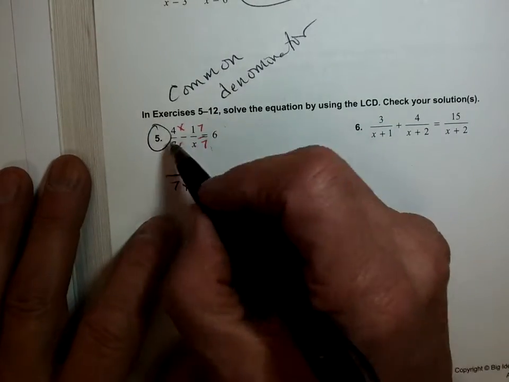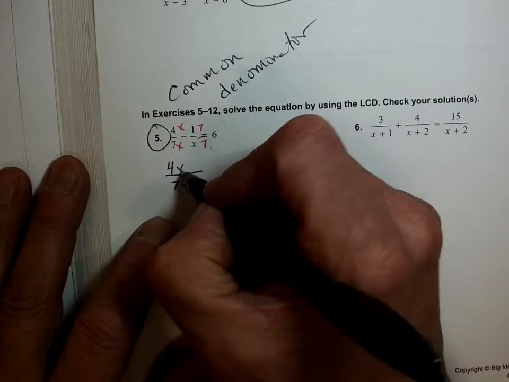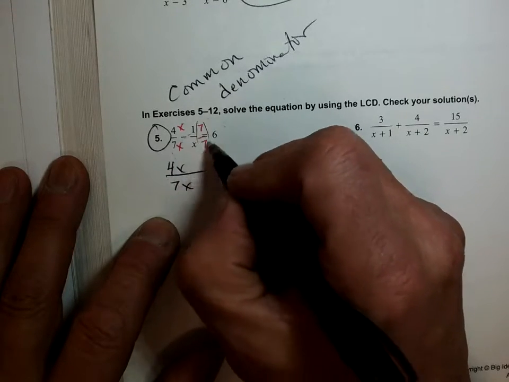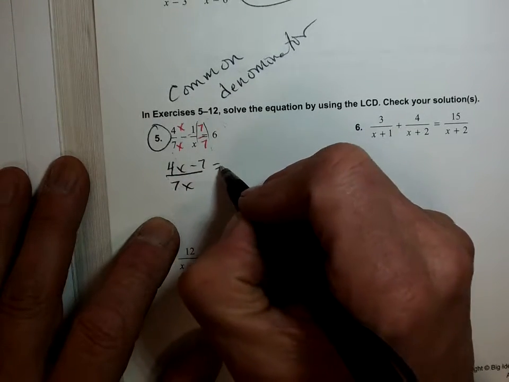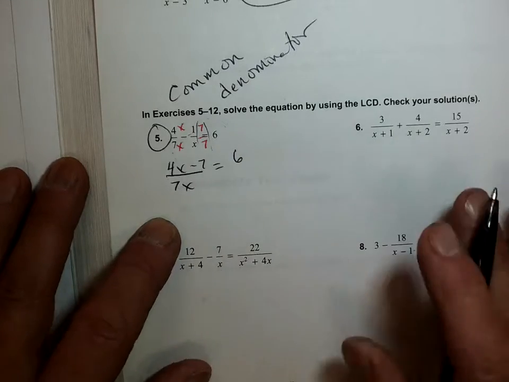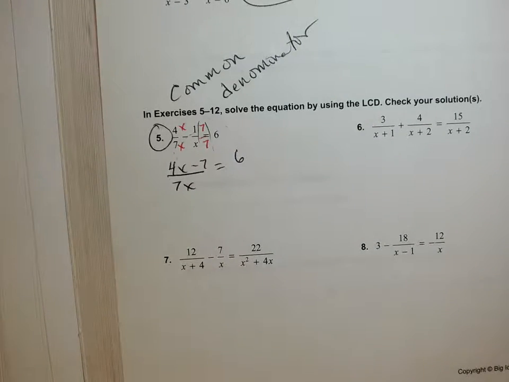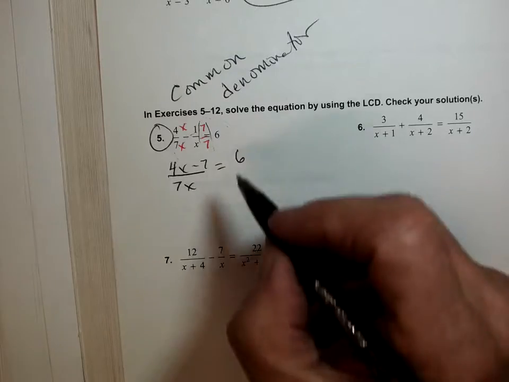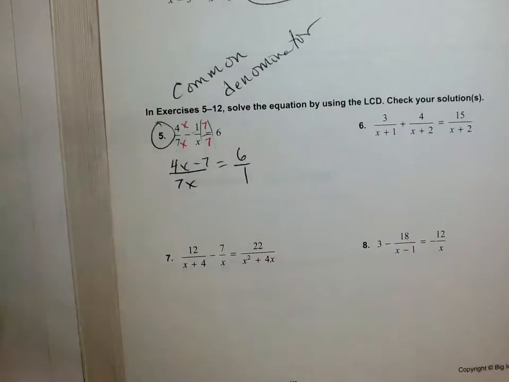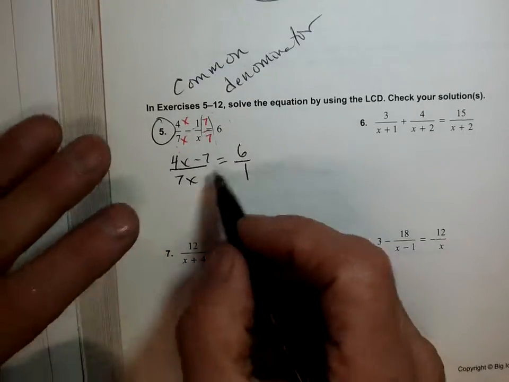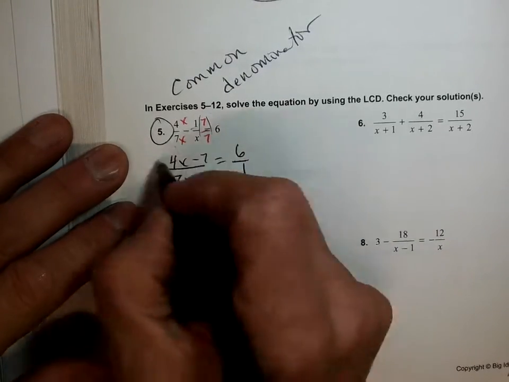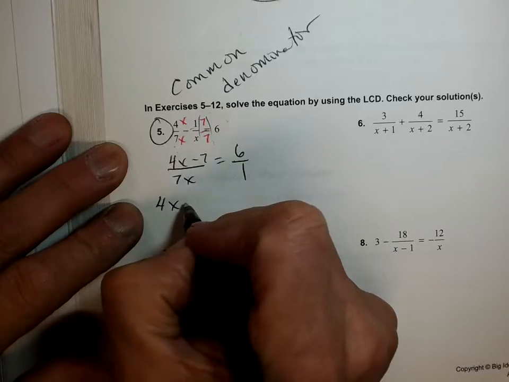My numerator is going to be a 4x minus 7. And that equals 6. So I want to cross multiply, so if I make this 6 over 1, I can cross multiply, right? I can cross multiply. So if I cross multiply, I'll get the 1 times the 4x minus 7, which is 4x minus 7.